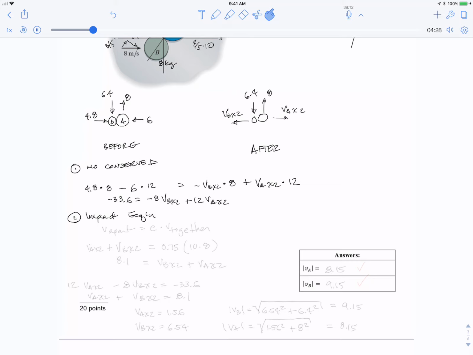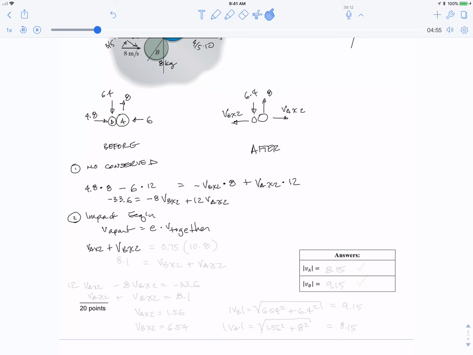The second equation is the impact equation. The impact equation is just that V apart equals E times V together. The way I've drawn it, VAX2 minus VBX2, because VBX2 is going to the left, will be VAX2 plus VBX2.